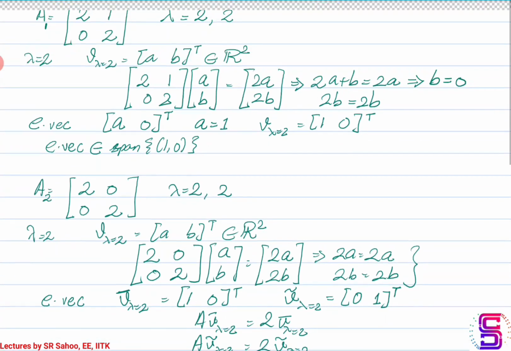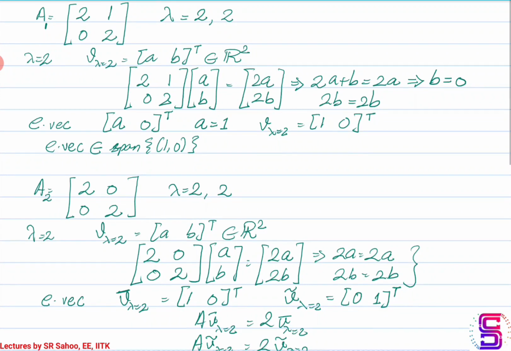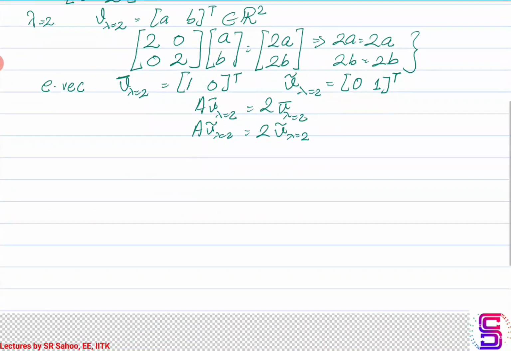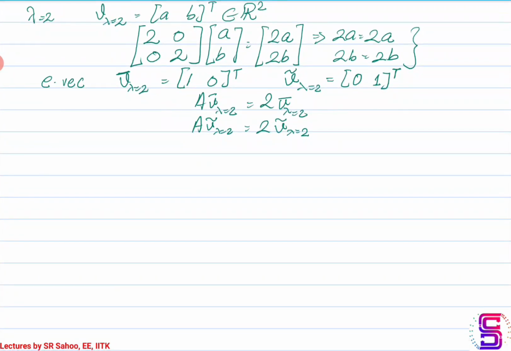Whereas for A1, even though the eigenvalue is repeated twice, you have only one vector that satisfies the relationship AV equal to lambda V. So this indicates that though the eigenvalues are the same, something different is happening because of different matrix structures.